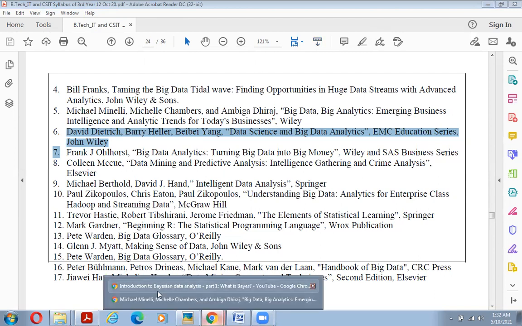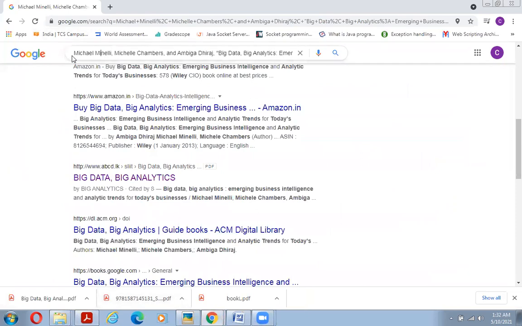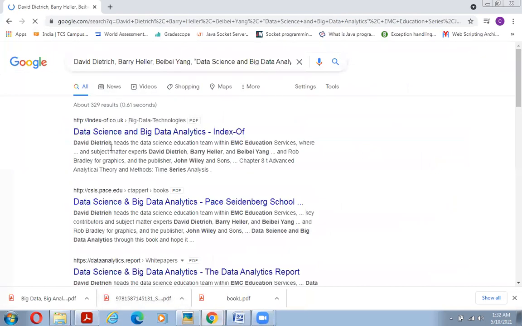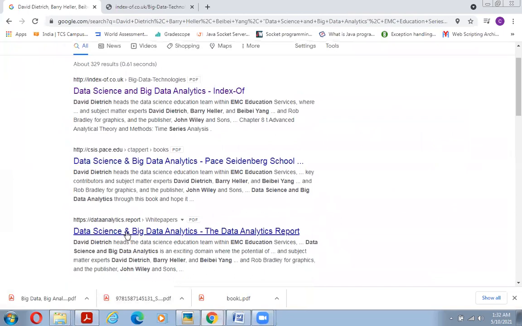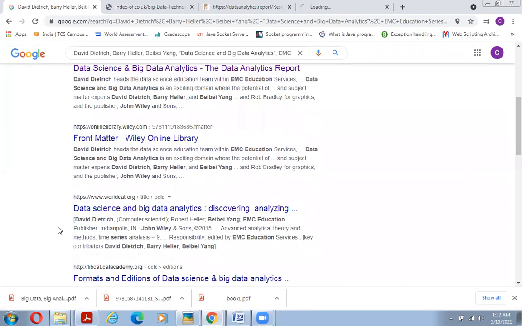Just understand this. Again, this book. We got this book. Maximum PDFs we are able to get. We get the white papers as well. Data science and big data analysis.